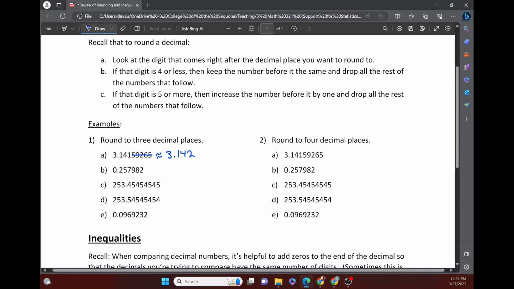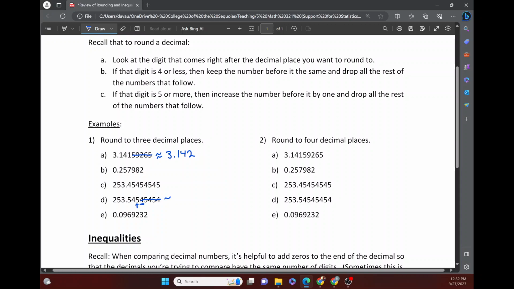Looking at something like part D, we have 253.545454. If we wanted to round this to 3 decimal places, right, the third decimal place is this one right here. So we look at the decimal place that comes after it, the fourth one. It's a 4 or less. So we're going to leave the 5 the same and just drop those digits.